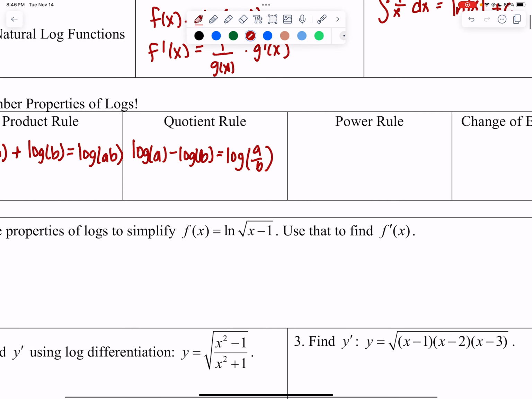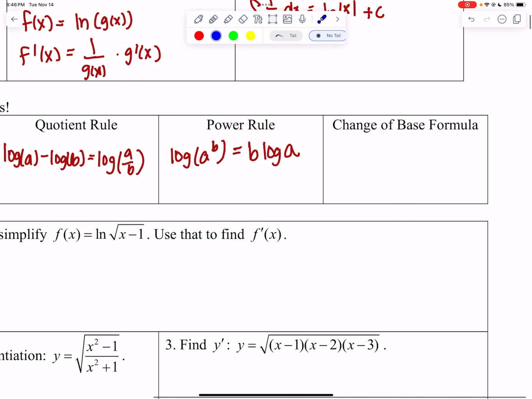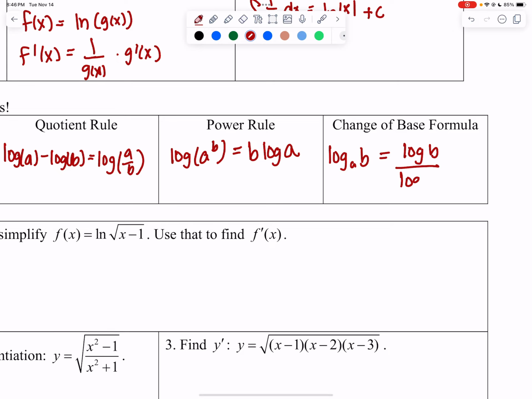We're going to use power the most. So if you have a power right here, that can be simplified by taking the exponent as your coefficient now. And then change of base, just in case you need it: you have log of b over log of a.